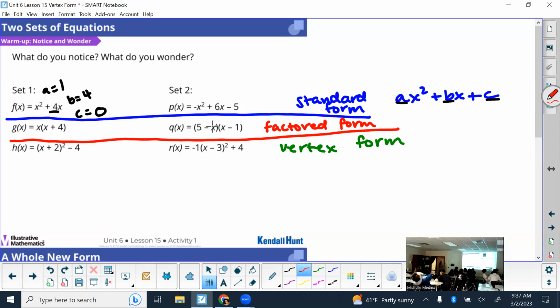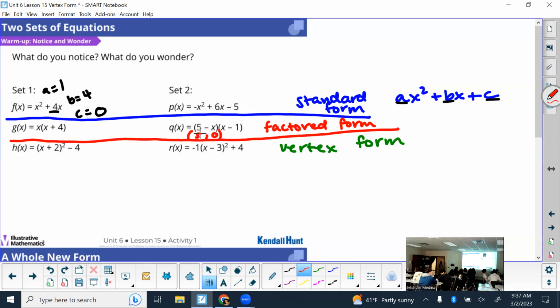What can I plug into this x to make this parenthesis be 0? I'll repeat it. What can I plug into this x that my mouse is on to make this parentheses equal 0? 5. So then one of my x-intercepts, one of my zeros, is going to be 5.